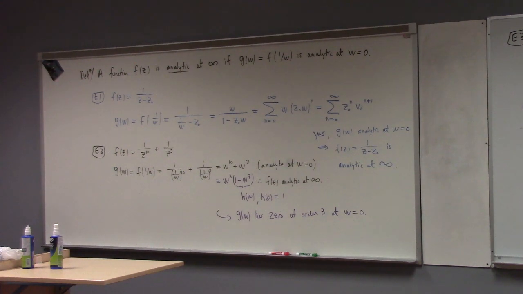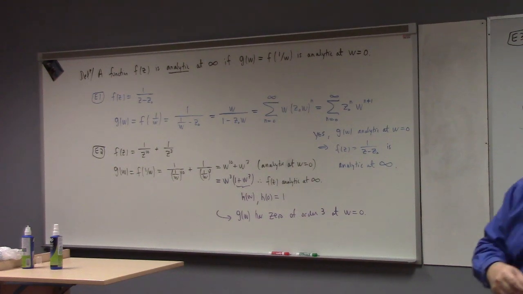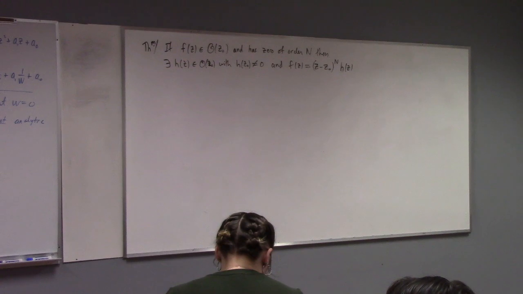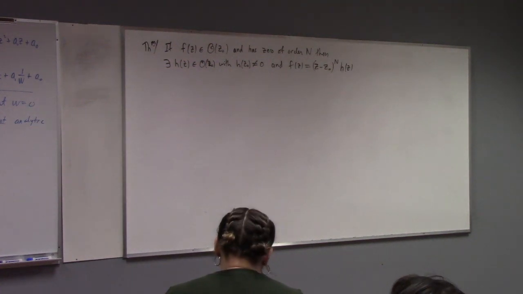If f of z is holomorphic at z naught and has a 0 of order n, then there exists h of z holomorphic at z naught with h of z naught not equal to 0, and f of z is equal to z minus z naught to the power n times h of z. This is the analog of theorem 8.79, which I'll do next. It's good for us to do this because I talked about it, but I don't think you know this stuff yet. It does matter, and we should all be able to prove this.